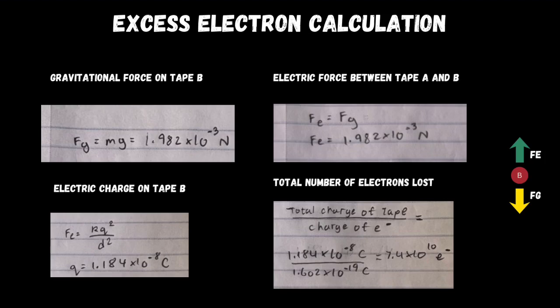And essentially, the electric force is also equal to 1.982 times 10 to the negative 3 newtons. And the electric charge on tape B could be figured out using Coulomb's law. The charge derived using that was 1.184 times 10 to the negative 8 coulombs. And the total number of electrons lost was determined by dividing the total charge of the tape by the charge of a single electron, and that gave me 7.4 times 10 to the 10 electrons lost.